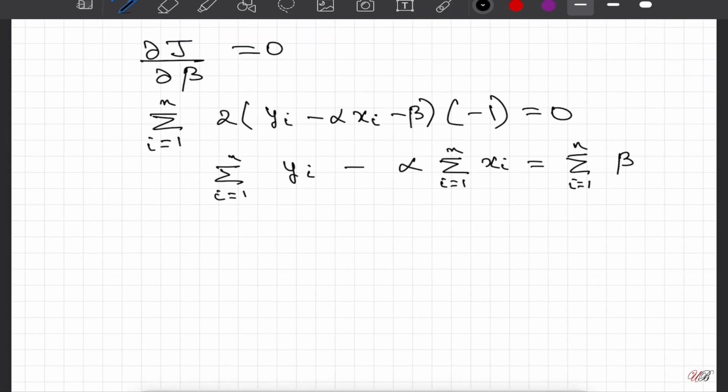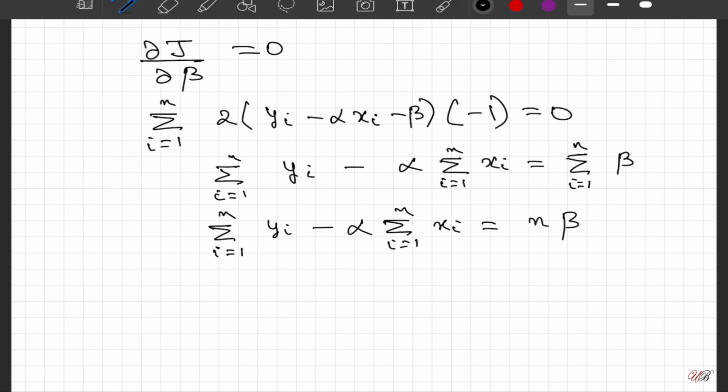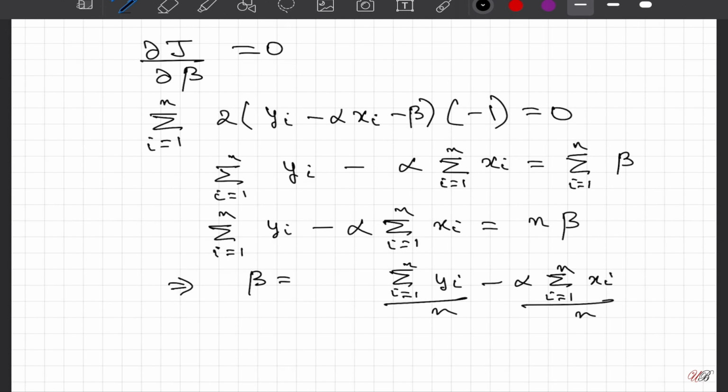Now you can clearly see that this can still be written as the summation from 1 to n of yi minus alpha times the summation from i equals 1 to n of xi. Summing beta n times would simply be n beta, which implies beta is equal to the summation from i equals 1 to n of yi divided by n, minus alpha times the summation from i equals 1 to n of xi upon n.